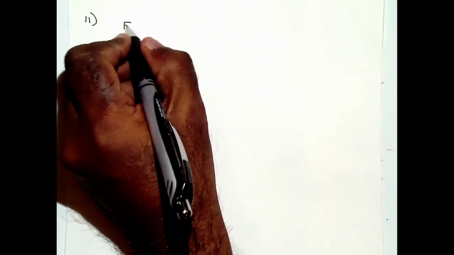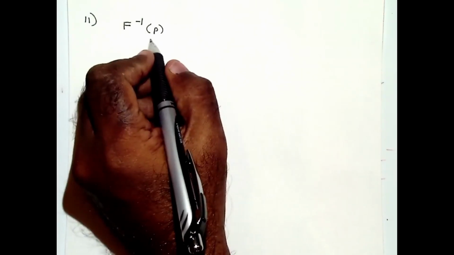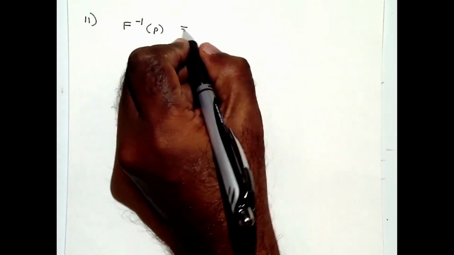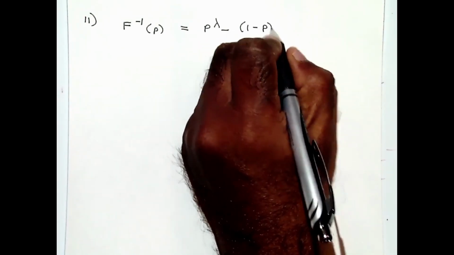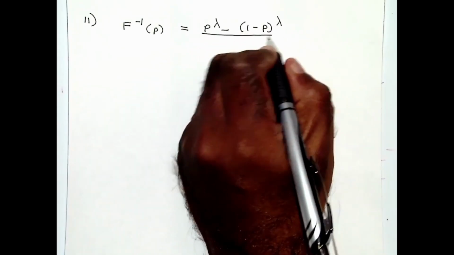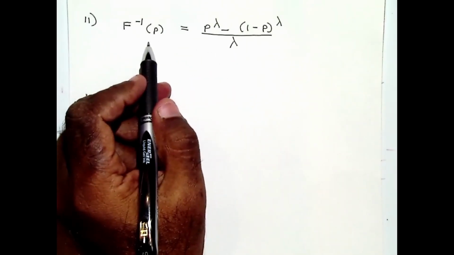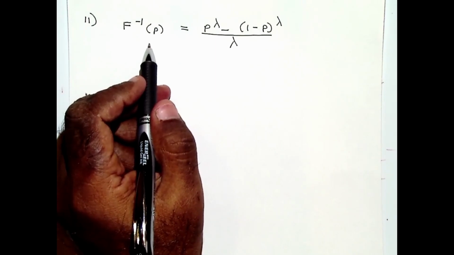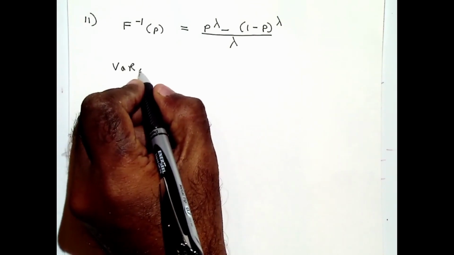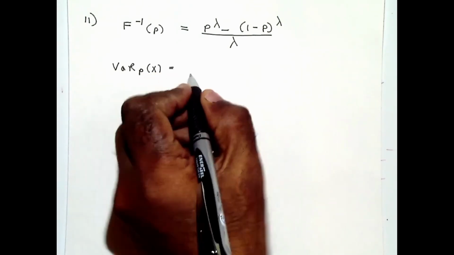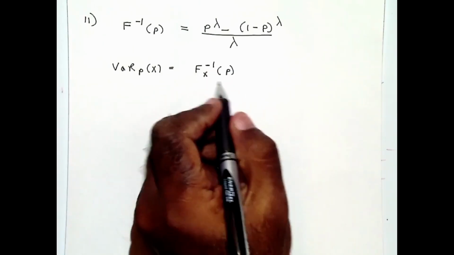A quantile function, I might have mentioned this before, is the definition of VaR also, because VaR, you may recall, is defined as the quantile function, in other words, the inverse CDF at p.